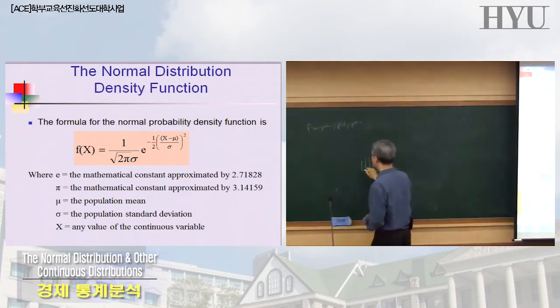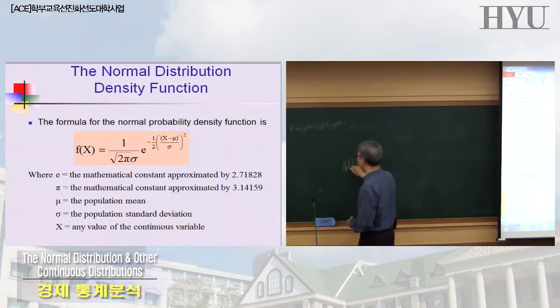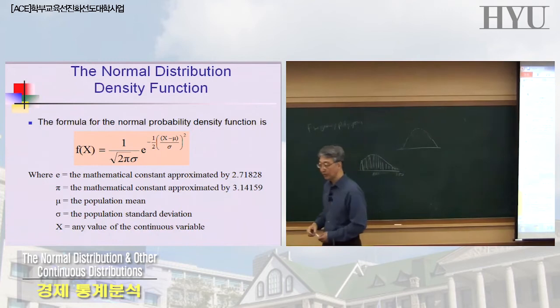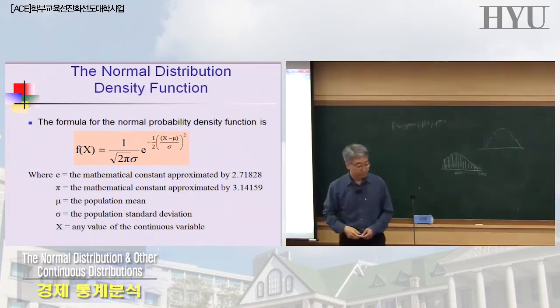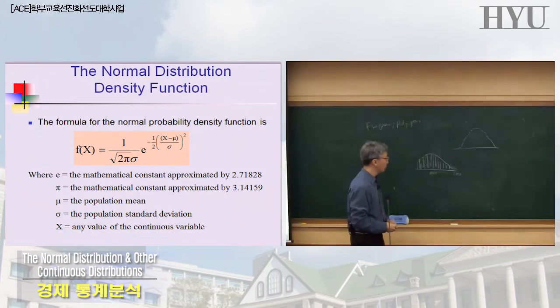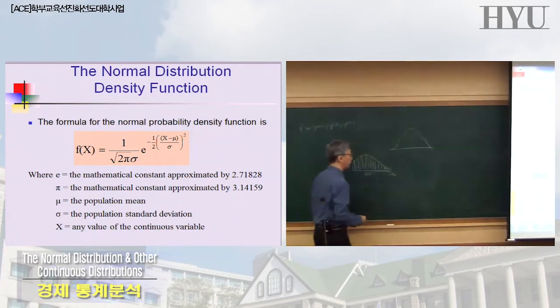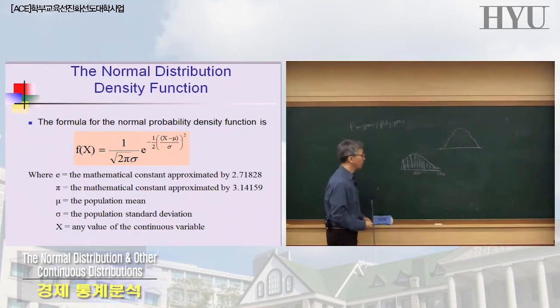If you have a bar chart like this, when you connect the top of all the bars, you will have something like this, a frequency polygon. You remember that? When you're dealing with this frequency polygon, you have to make sure that each end touches the ground. It is a closed polygon.